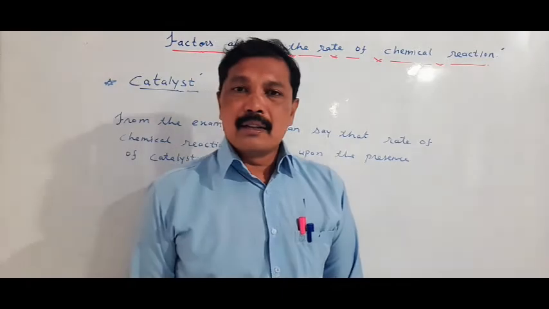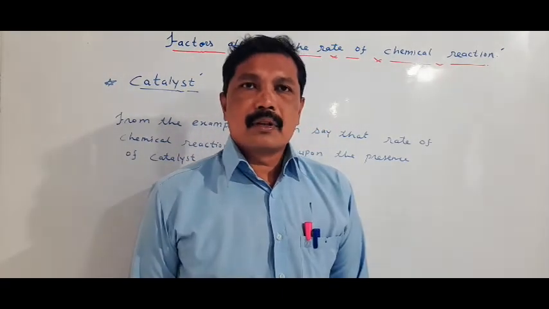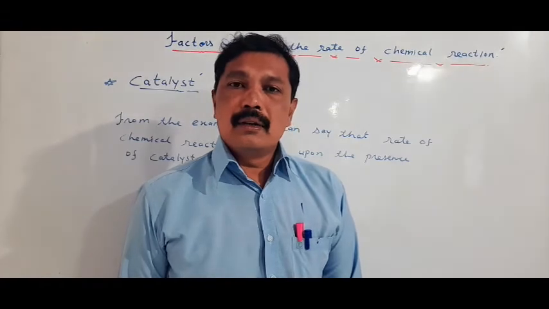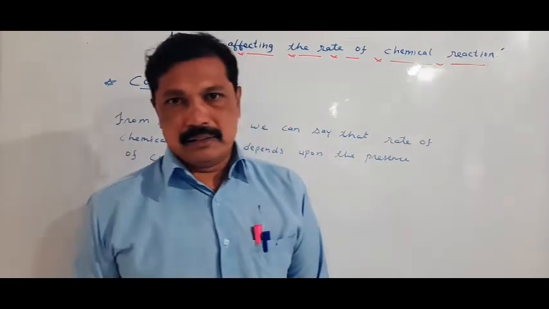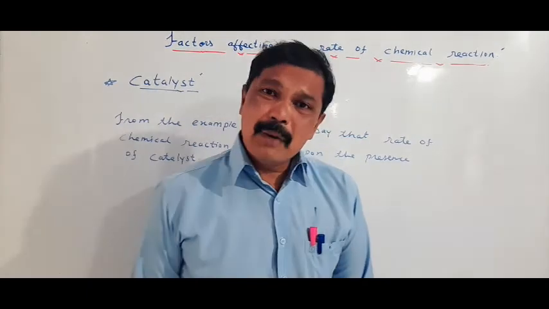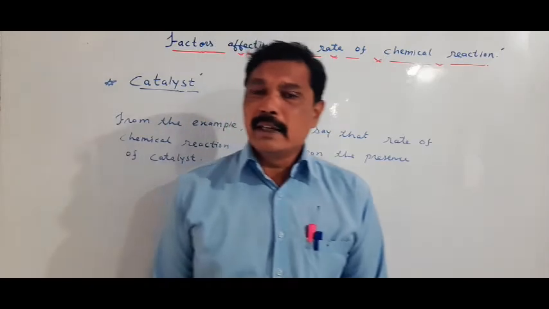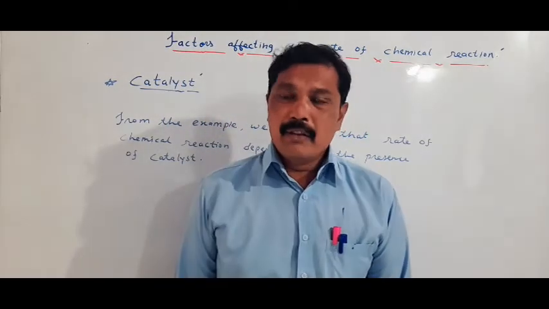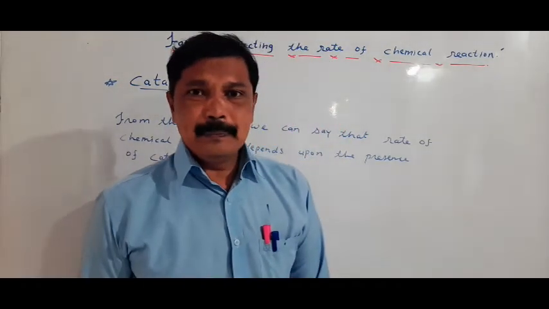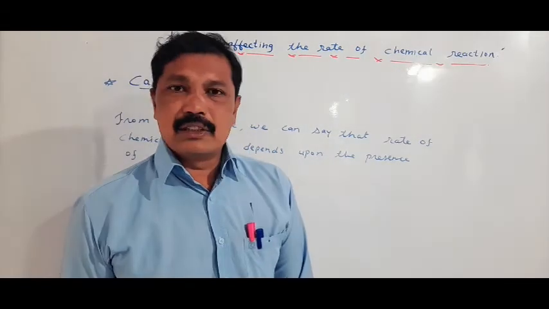The third factor which we have seen is the concentration of reactants. We allowed calcium carbonate to react with dilute hydrochloric acid and concentrated hydrochloric acid. We got calcium chloride, water, and carbon dioxide gas was given out.